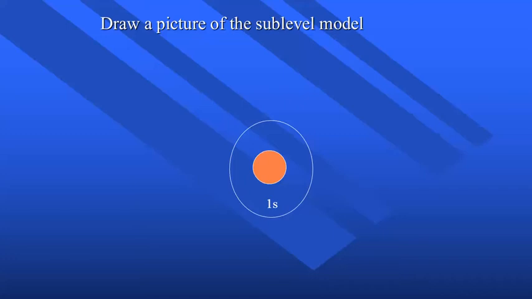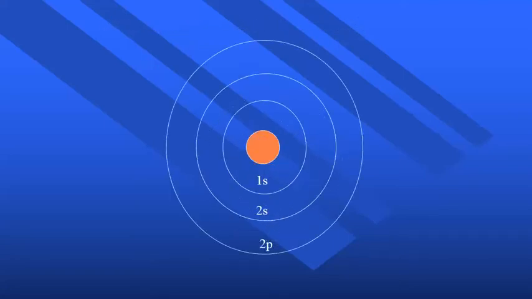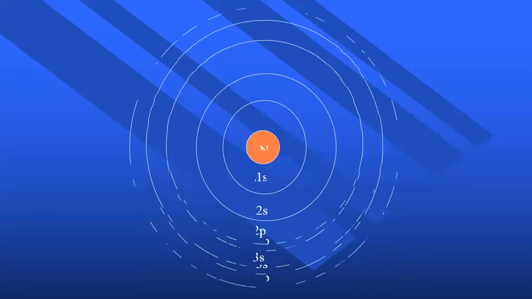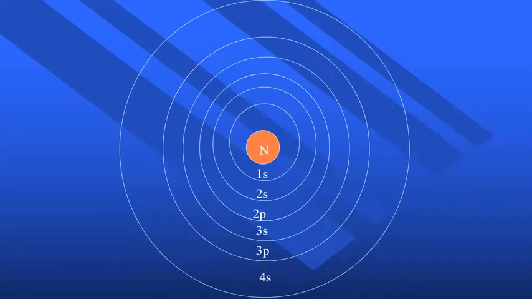All right. So, we have a nucleus. The first neighborhood is going to be the 1S, right? The first town, S. The second town is going to have an S and a P zone, right? The third town has an S. What else? P. And what comes after P? No! The fourth town's S. Wait, what?